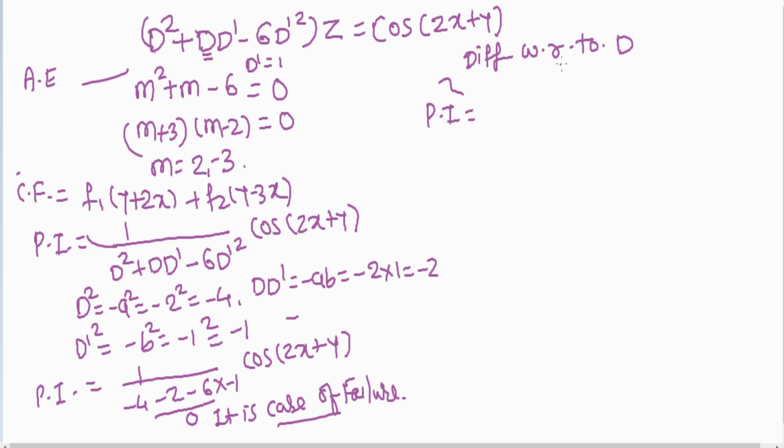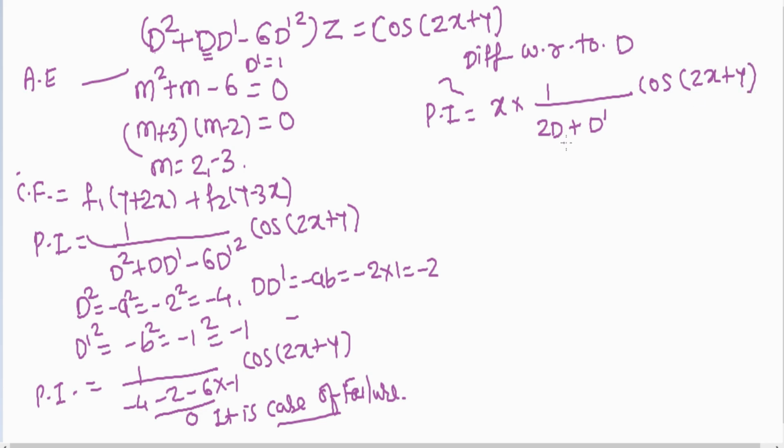When we differentiate with respect to D dash, we have to multiply by y. So x into 1 divided by the derivative of D squared, which is 2D, plus D D dash, whose derivative is D dash; and D dash is constant, so the derivative of 6 D dash squared is 0. Hence we have cos of (2x plus y).